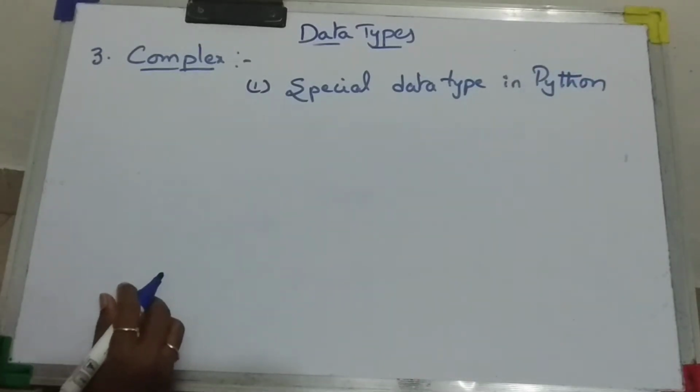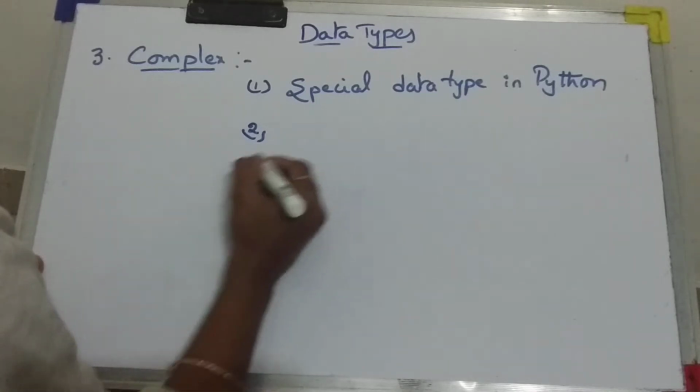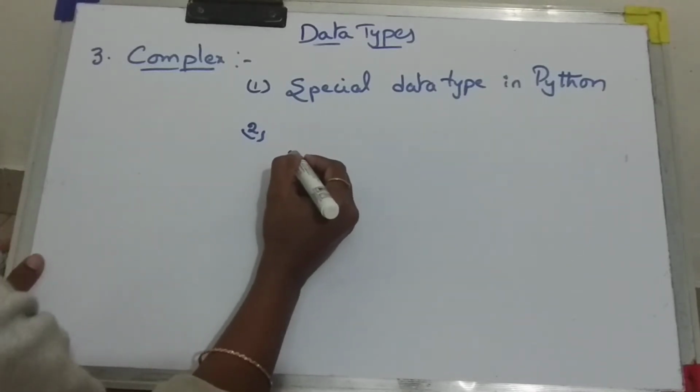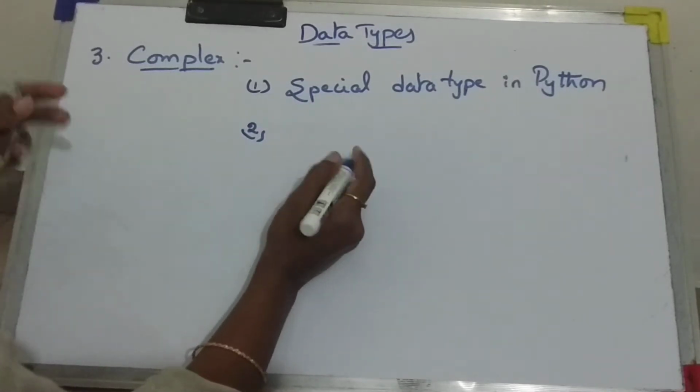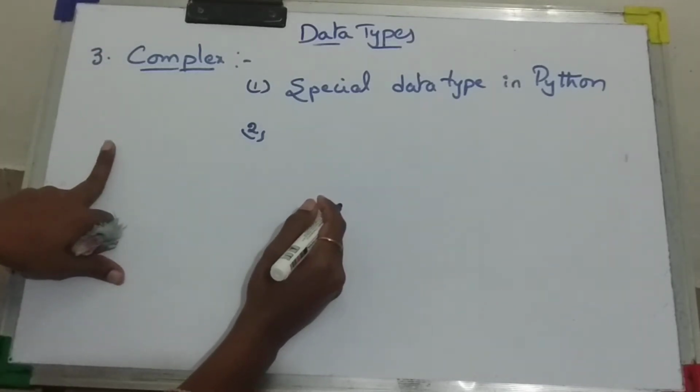Because in other languages, C and Java, do not have this type of data type. That's why this is a special data type in Python.